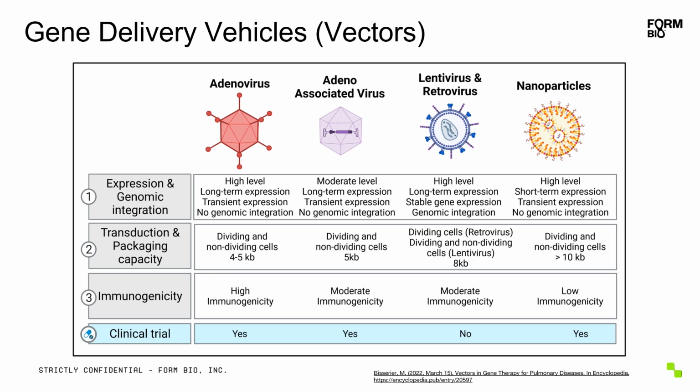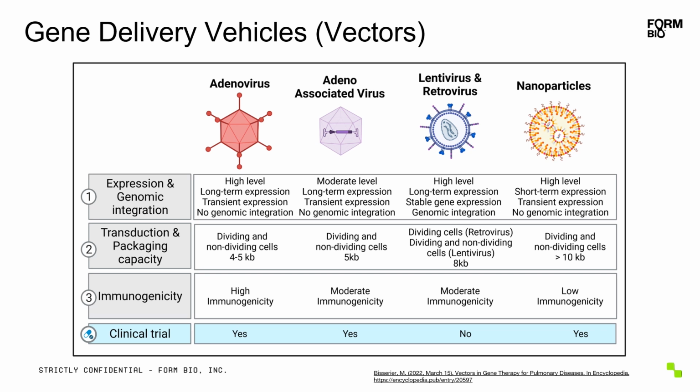But we also have what we call non-viral vectors, such as the lipid nanoparticles, the liposome, or also the naked DNA. Vectors may have different characteristics in terms of expression, genomic integration, transduction, packaging capacity, and immunogenicity.